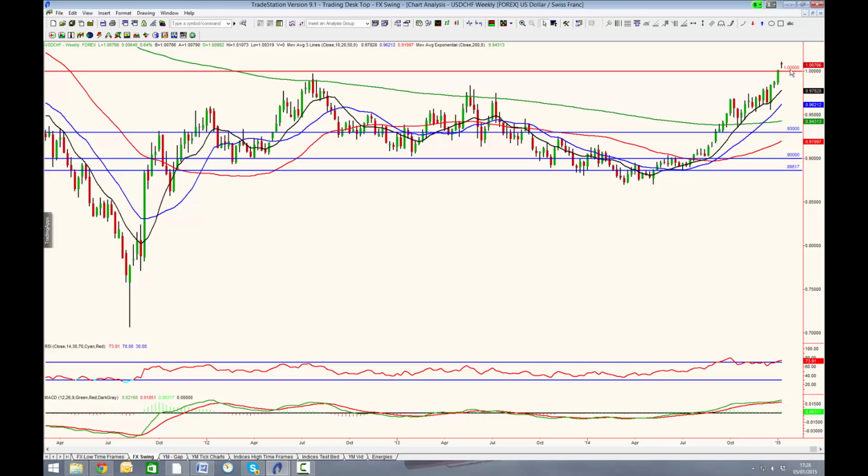So the market is overextended, stretched away from the moving averages, and it has sliced straight through this key level. So what I'm looking for is the market just on its own looks due for a pullback. A pullback into parity would be a very nice area to start to look for trading opportunities.